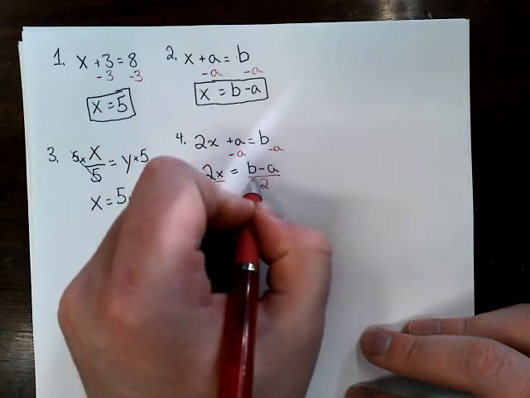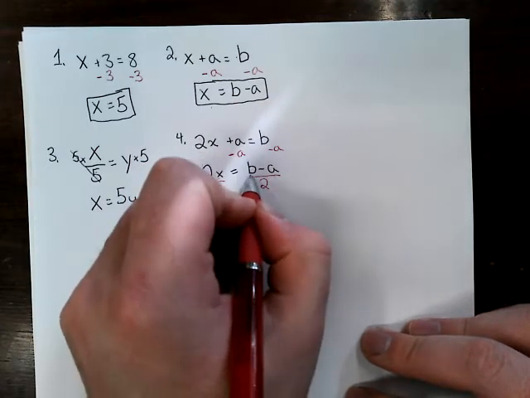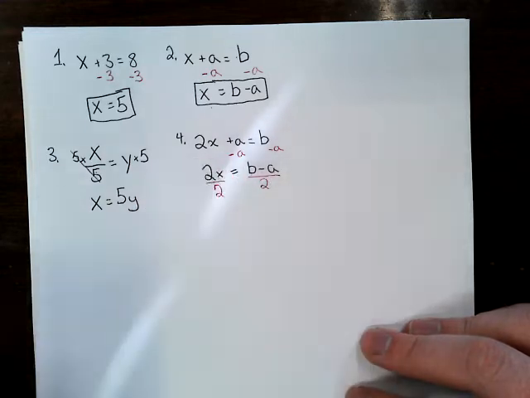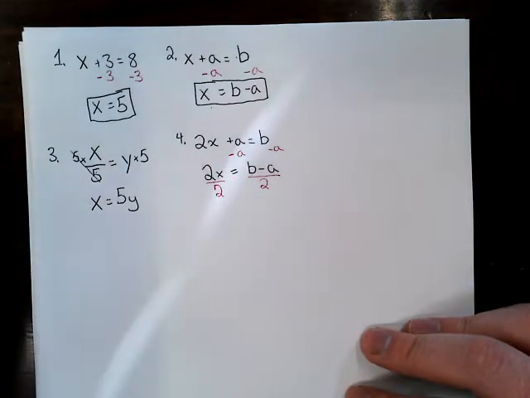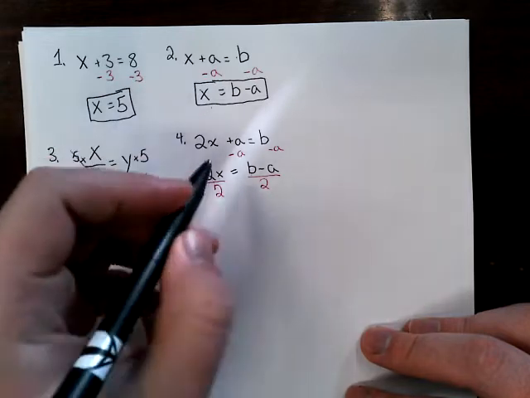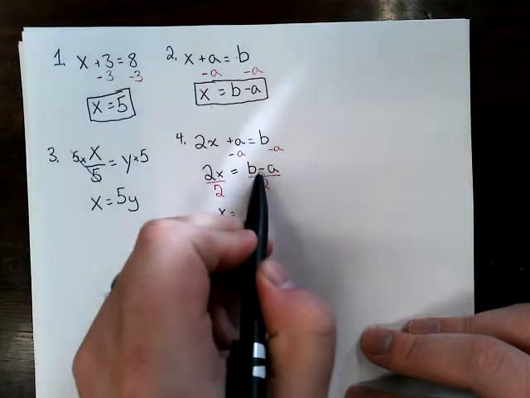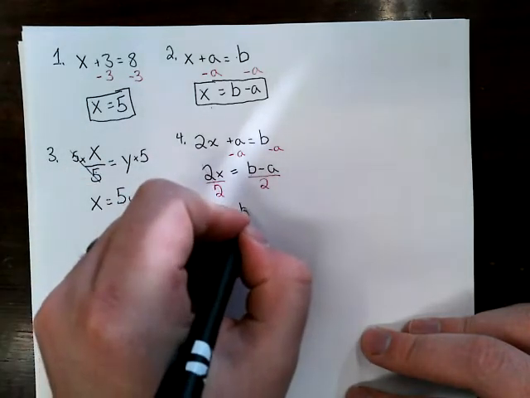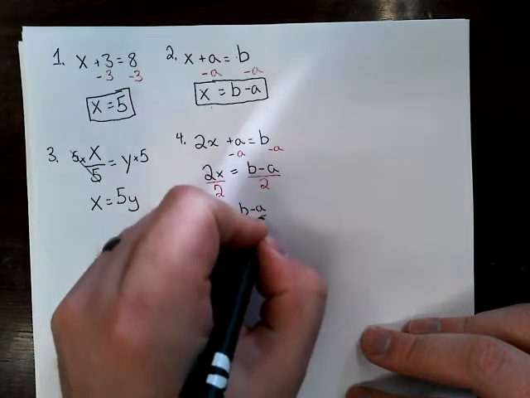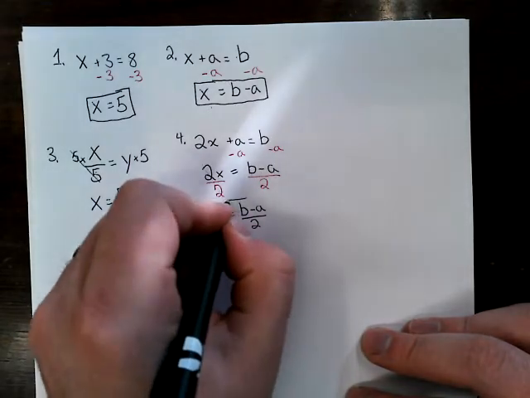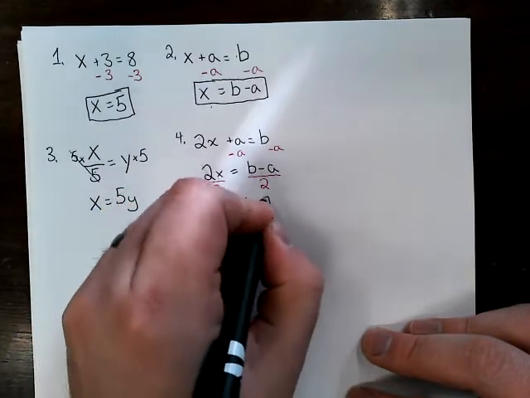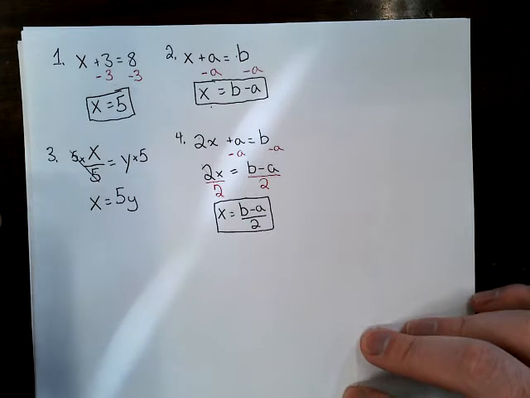So I'm going to divide and show the fraction sign over the b minus a divided by 2 to solve. So on this side, we are left with x. And finally, on this side, we have b minus a divided by 2. And this would be our final answer for 4. All we need to solve for there.